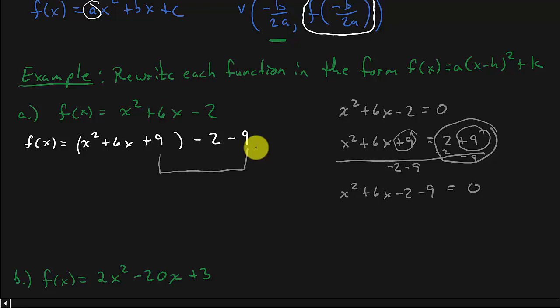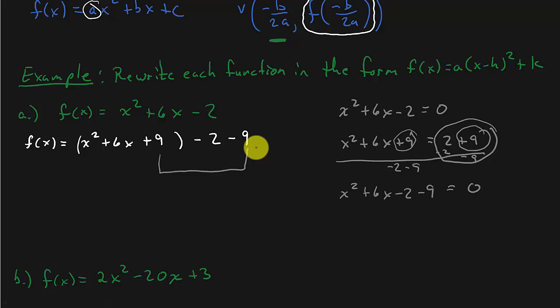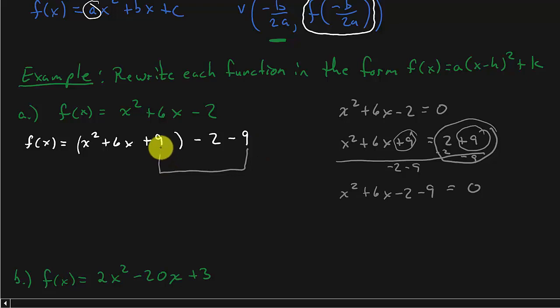The only number that I can add to something and get the same thing back is 0. So you can see here I added 9 and I subtracted 9. Well, what's 9 minus 9? It's 0. So since we're adding 9 and we're staying on the right-hand side of the equal sign, and I added 9, now I have to come over here and subtract 9. And that's like adding 0.